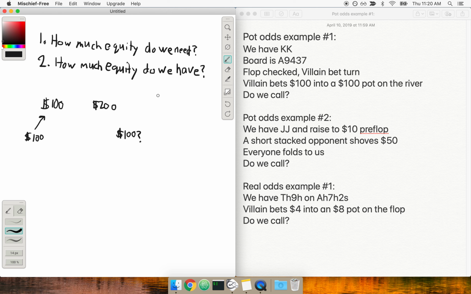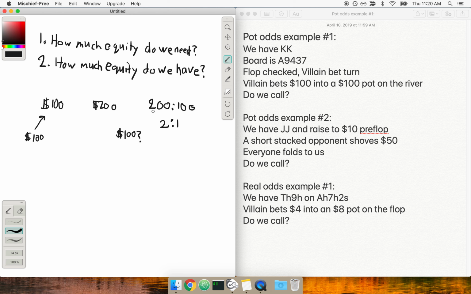So the pot odds are the ratio of the pot to what we need to call. This ratio is 200 to 100, but you'll never hear people really talk about 200 to 100 pot odds. What we do is we simplify it, so we can say the pot odds are 2 to 1.